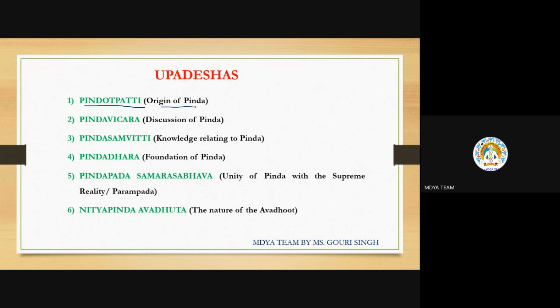Gheranda Samhita. Very good. Ghata means what there? Body. Yes. In the same way, in Siddha Siddhanta Paddhati, Guru Gorakshnath discusses Pinda, which also means body. How this Pinda originates is discussed in the first chapter.